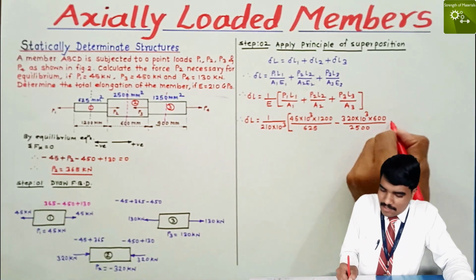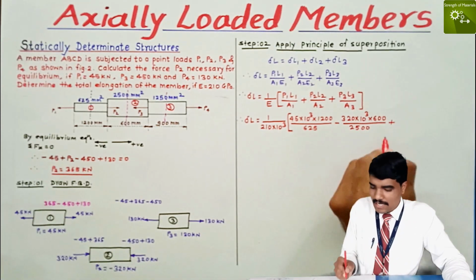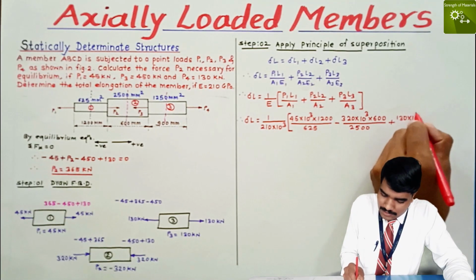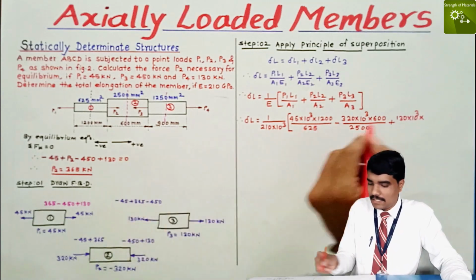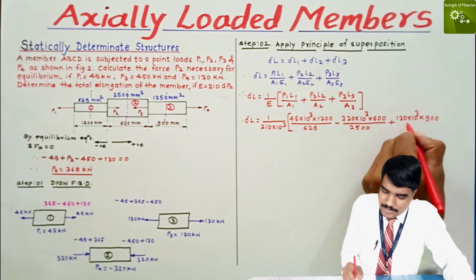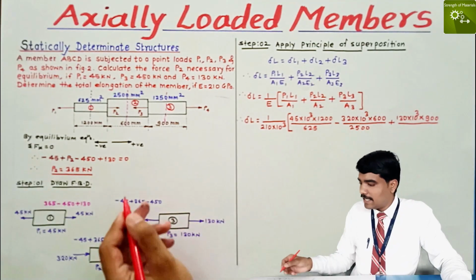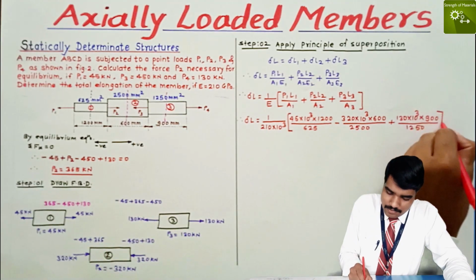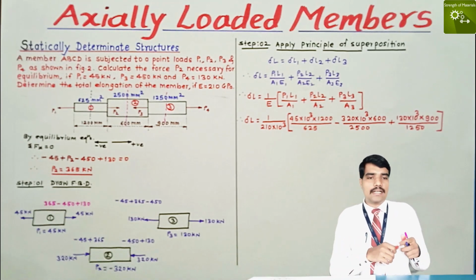Okay, let's see P3. P3 is tensile, pull type, that's why we take a positive sign here. That is 130 into 10 raised to 3 into its length. Length is 900, divided by the area, and the area of the third member is 1250 mm square. Then simply do the calculation.